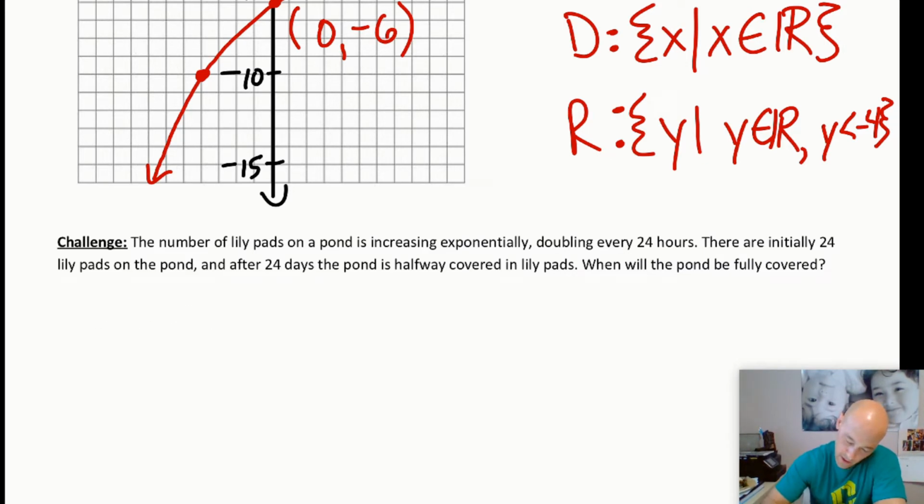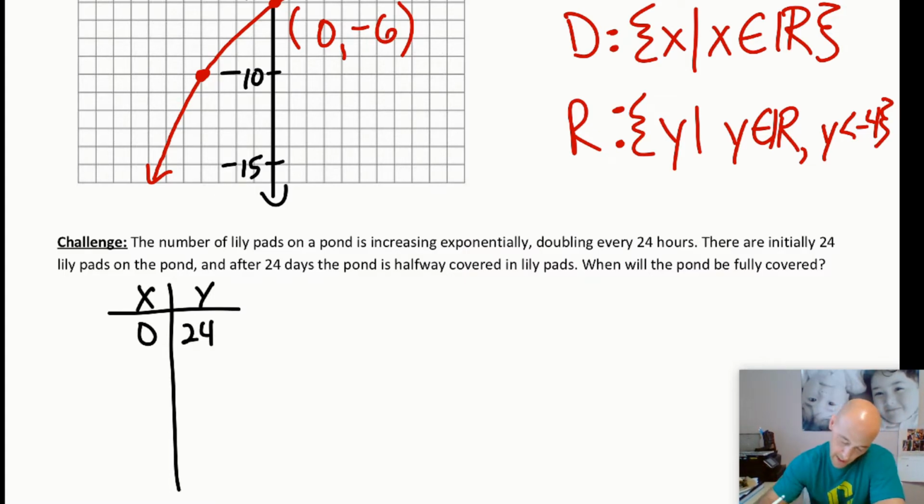All right, so let's make a table. On day 0, there are 24 lily pads. And we know that on day 24, it's half covered. So however many that is, that'll be some number, it'll be half covered.